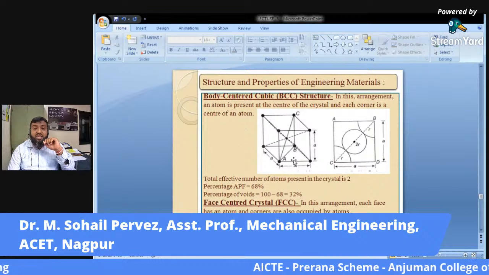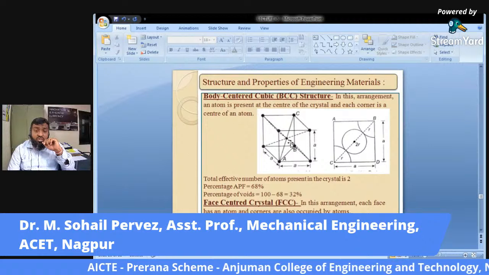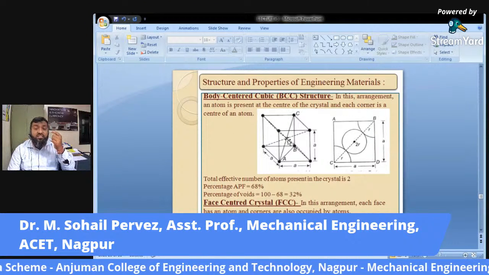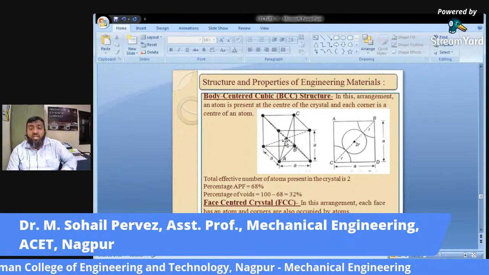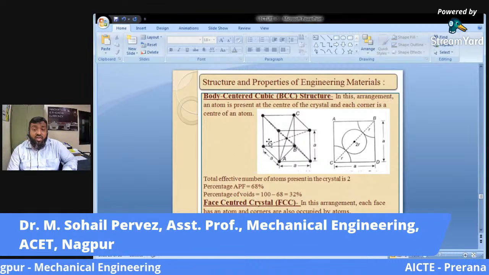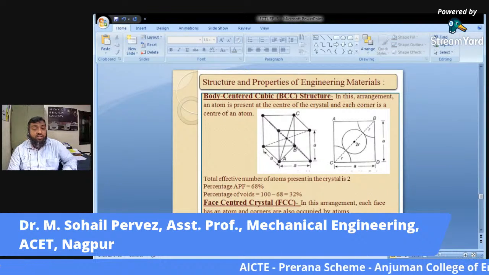When I say FCC, face centered cubic, the atom is placed exactly at the center of all the faces of the cube, unlike BCC, where it is at the center of the body.